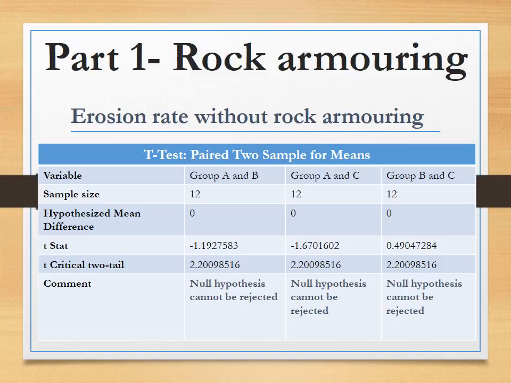So we do not reject the null hypothesis when the t-stat value lies in between the positive and negative range of t-critical two-tail. This table shows that all t-stat values lie in between the positive and negative range of t-critical two-tail. This table shows that the null hypothesis cannot be rejected for all scenarios.